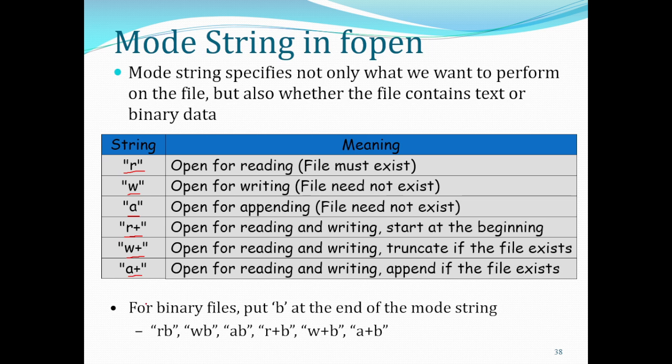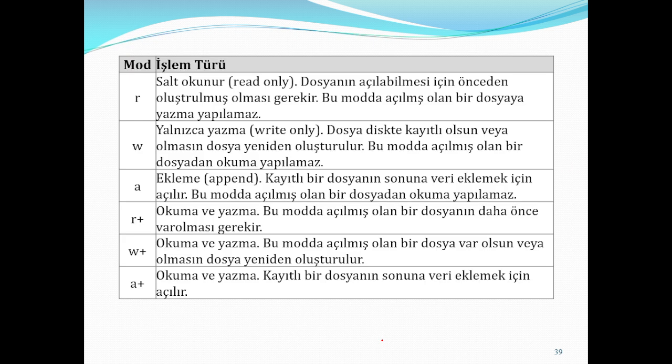These are text file operations, so be careful with them. For binary files, we are basically using the B character to open the files in binary format. These are Turkish definitions, so that's for your information.